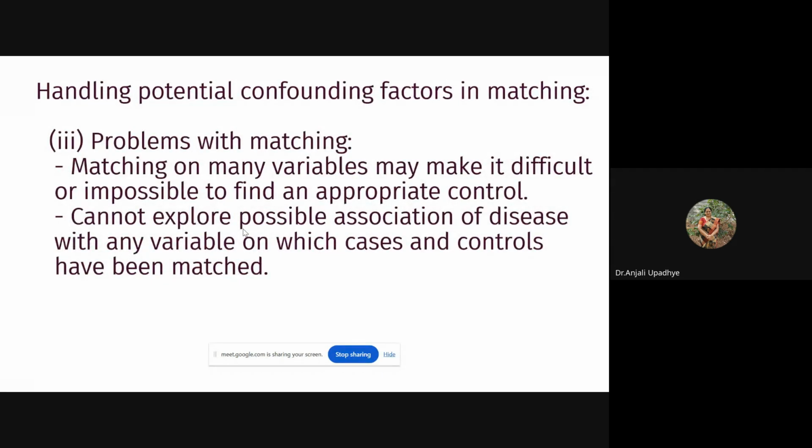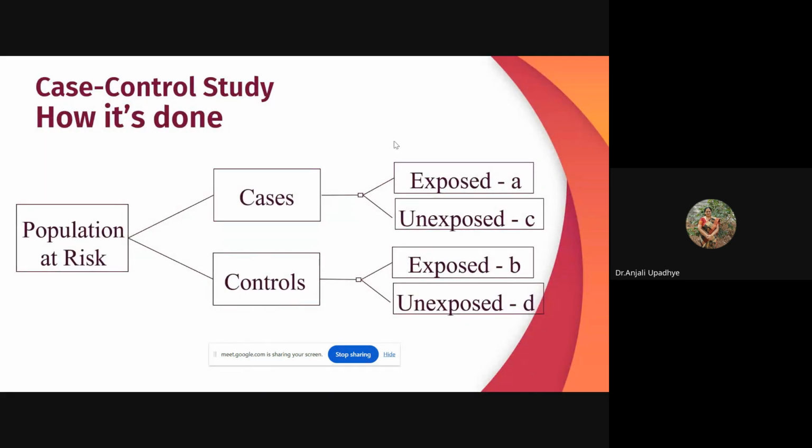Handling the potential confounding factors in matching is a difficult part, because the population in the experimental group is very different, and the population in the control group is again very different. So the cases and controls should be matched, then we will come to some conclusion. Otherwise, we will not.